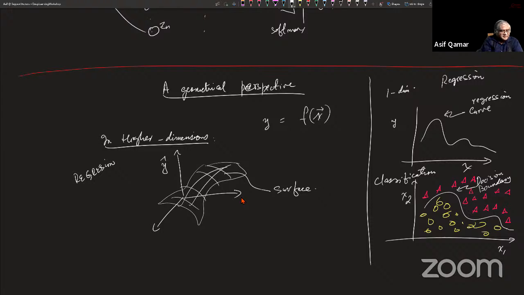Your regression surface. So for any point x1, x2, let's say this is x1, this is x2, you have some value here, which is your y hat, y hat of x1, x2, in the base manifold.